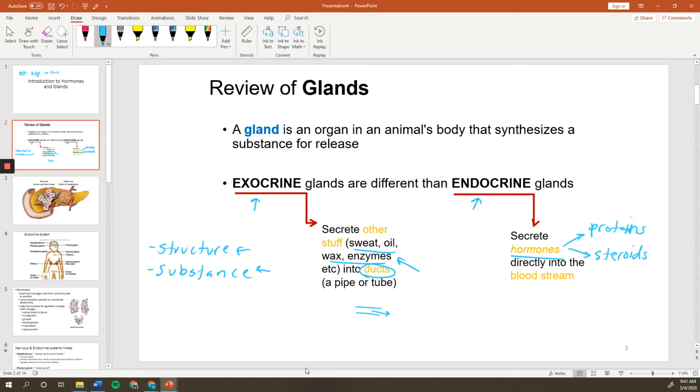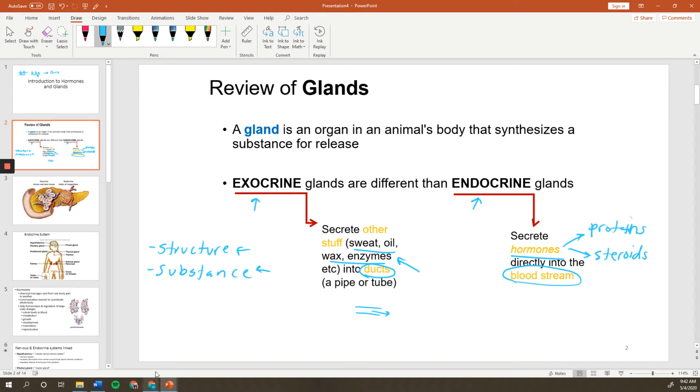How each of those work is different. But anyway, those are the two types. Endocrine glands secrete these hormones directly into the bloodstream, and then they can be transferred throughout the body relatively quickly and control a bunch of different types of target cells.